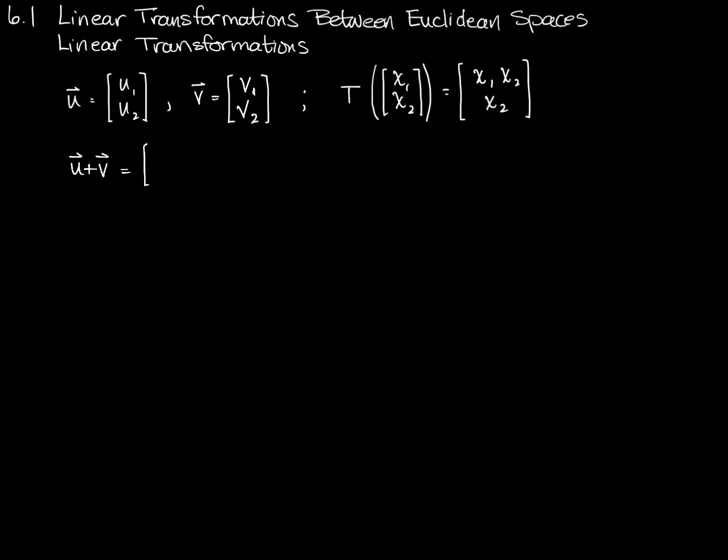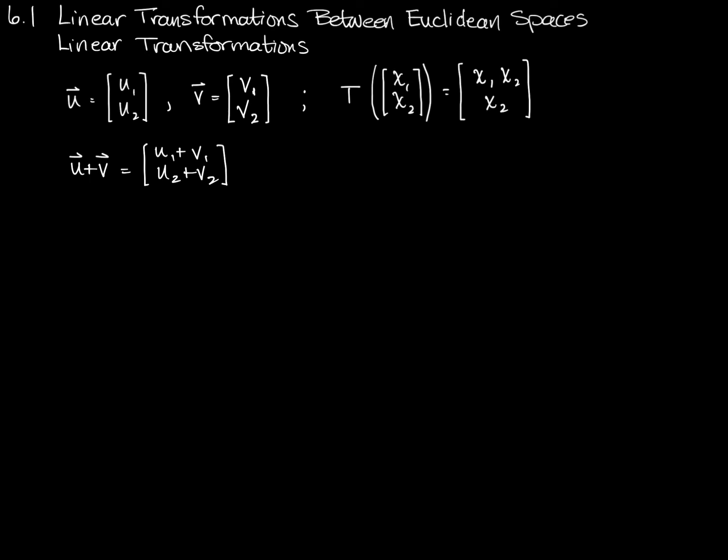It's the vector with components u1 plus v1, and then u2 plus v2. I'm just using vector addition again. This is what I did on the previous screen. Remember, vector addition just says that u plus v is the entries added component-wise.